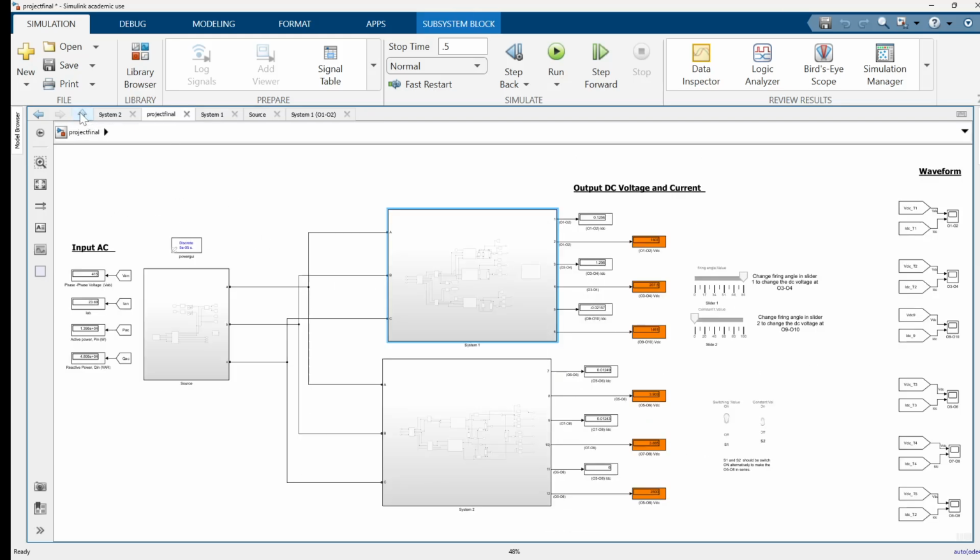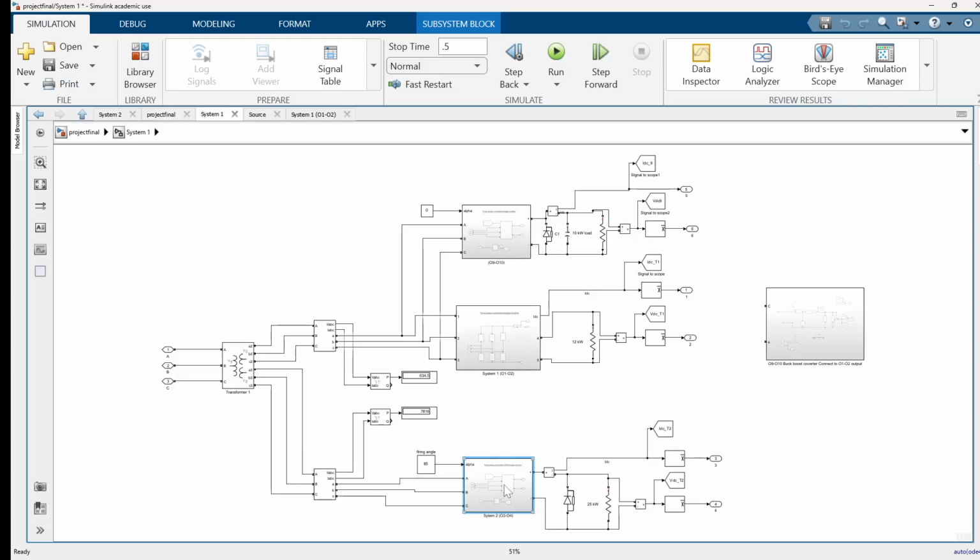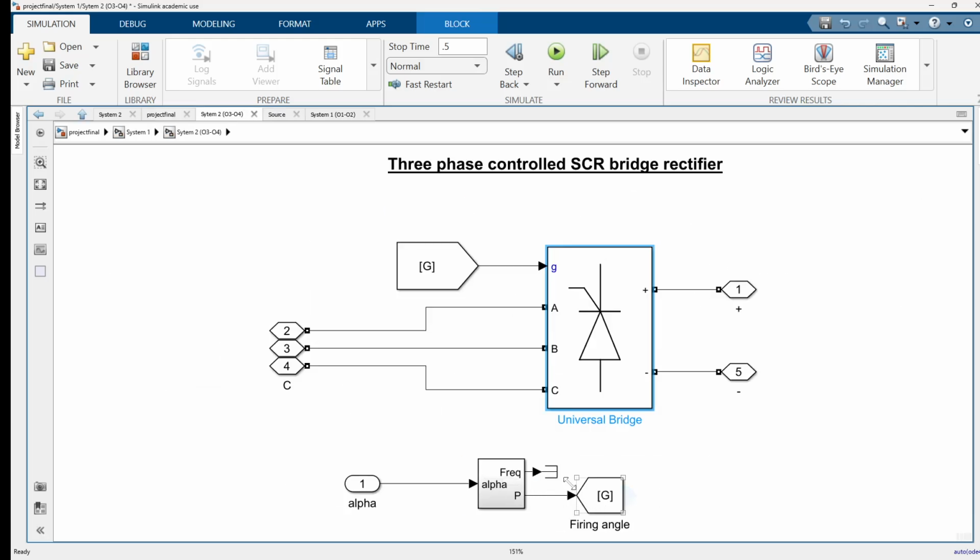Then to control this rectifier, I am using a firing angle slider, which will change the firing angle from 0 to 85. At 0, it will produce 2000 volt at the output, and at 85-degree firing angle, it will produce 200 volt output for DC voltage.